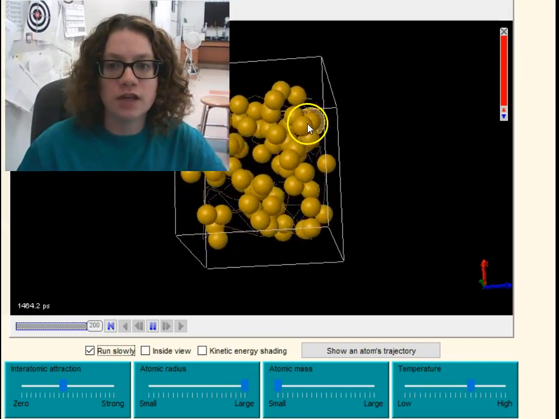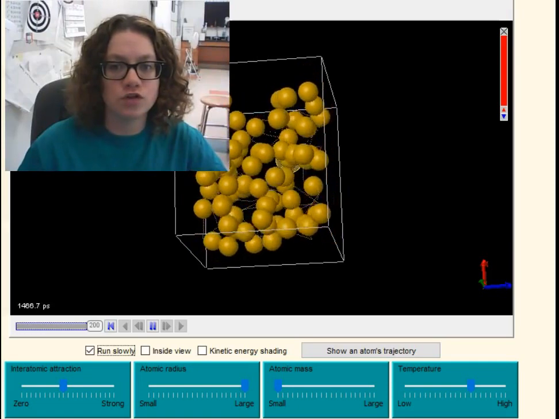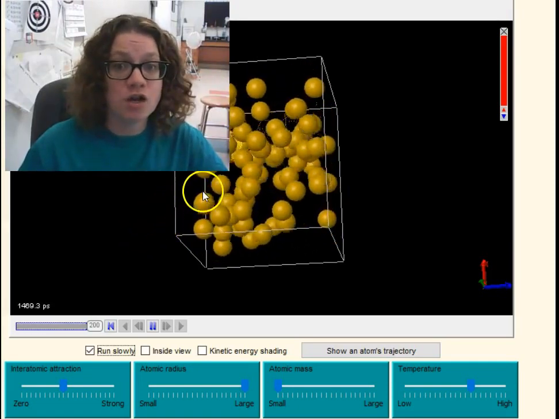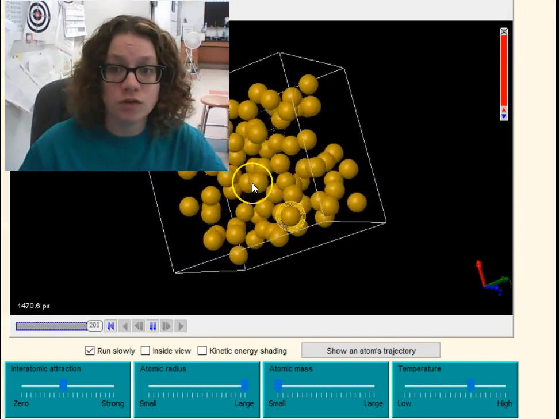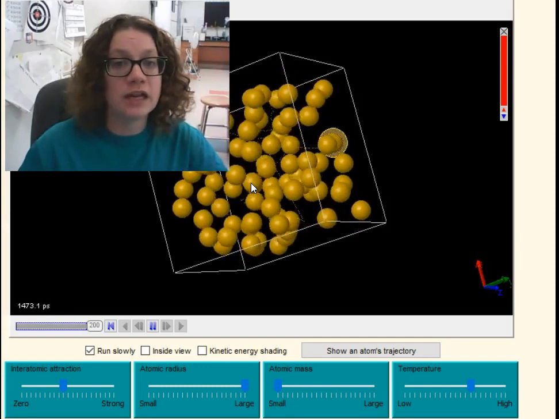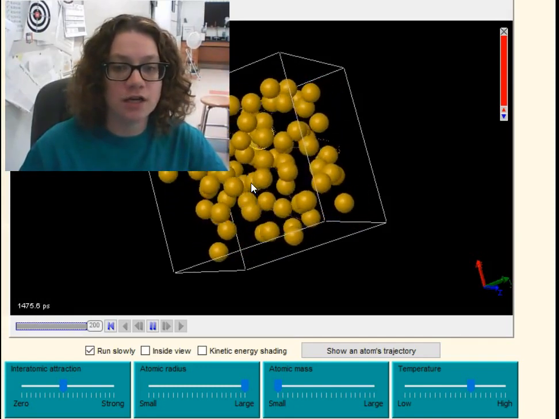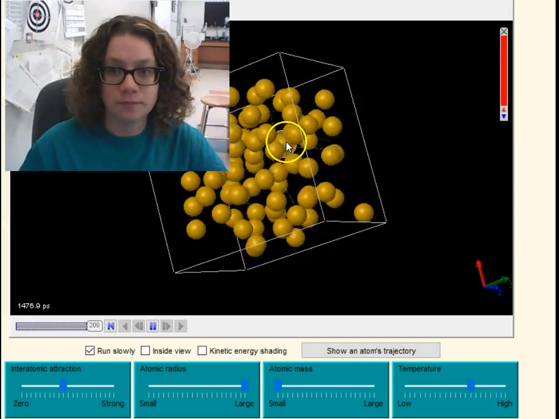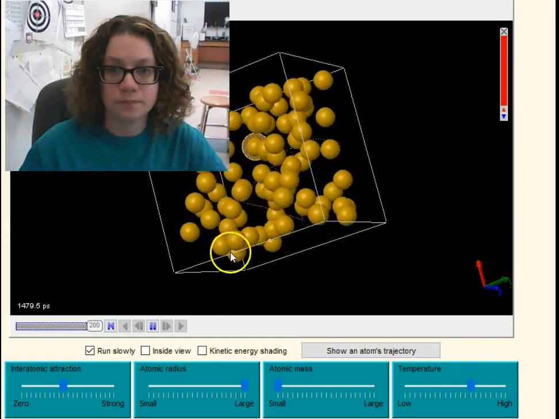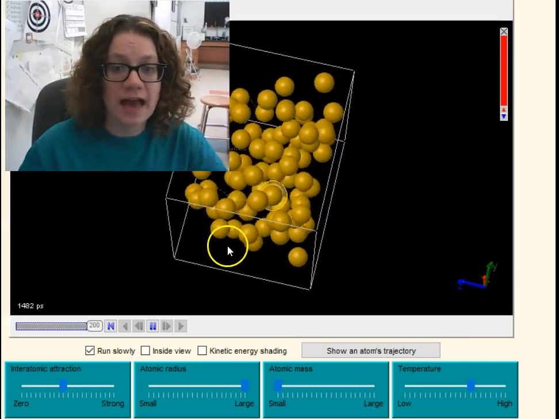It is moving in a random straight line motion. So it's going to move in a straight line until it bumps into another molecule, and then it can bounce off. So they're moving in constant, random, straight line motion. Now notice the kinetic energy of the sample is what we call the average kinetic energy.